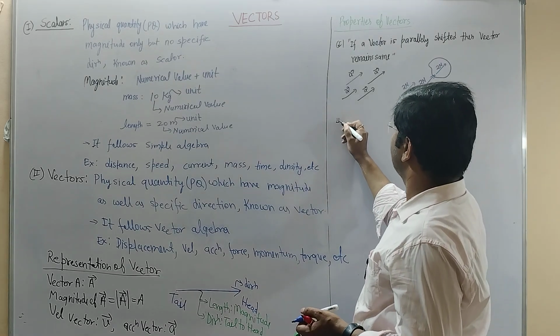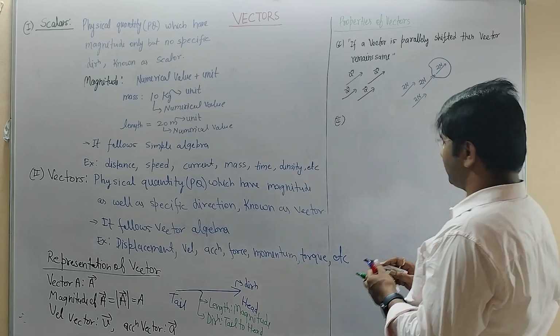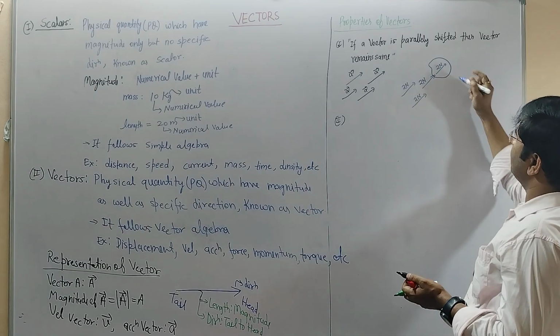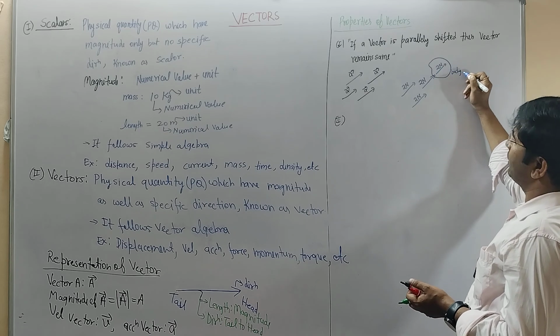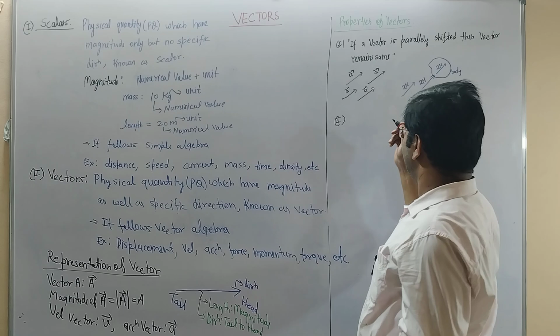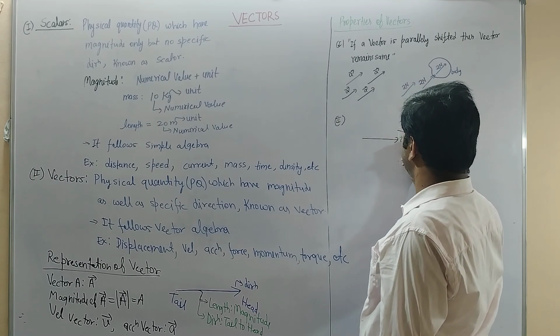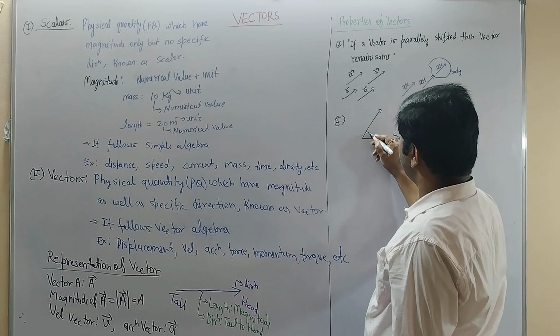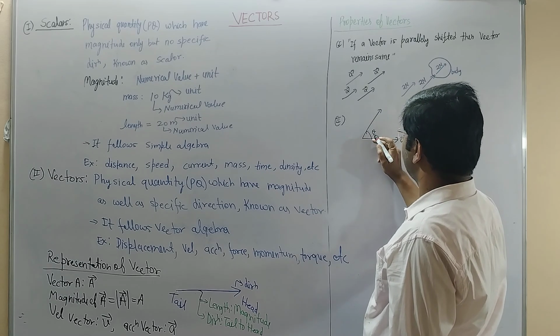The second property is: if a vector, let's say this is a vector and you are rotating this vector by, let's say, theta angle.